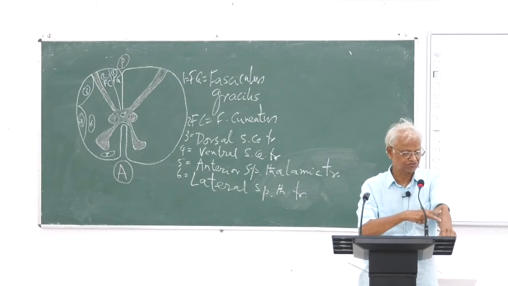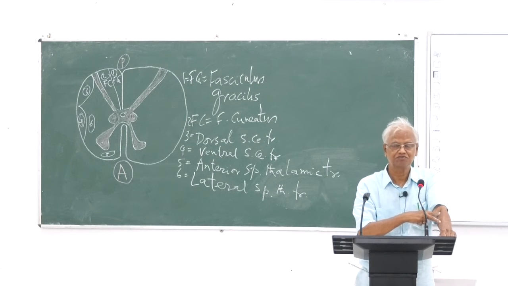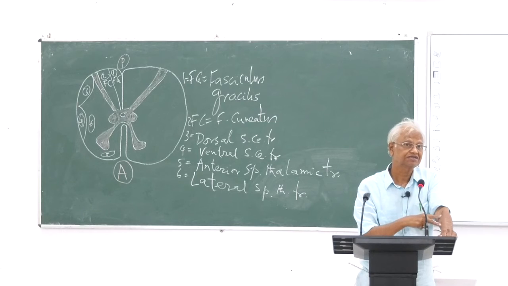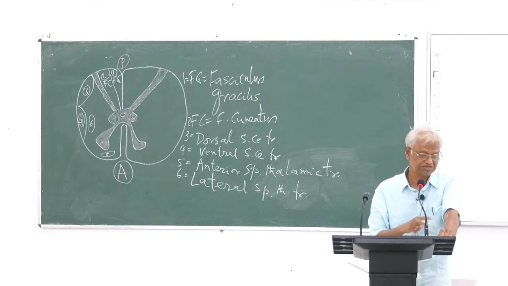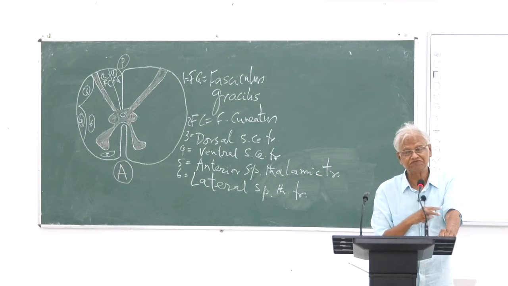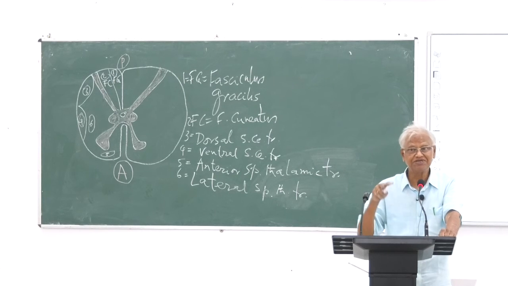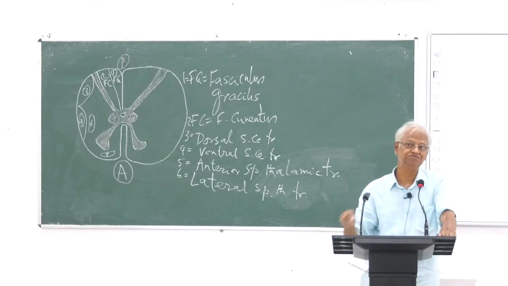Tactile discrimination is the ability to say how far apart two touching points are. It is the ability to differentiate the distance between two touching points.